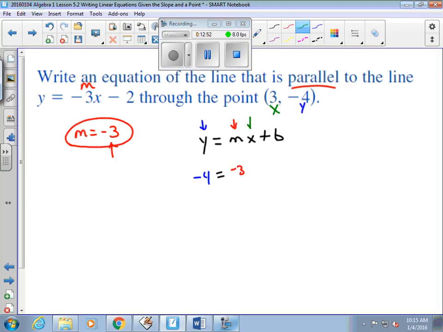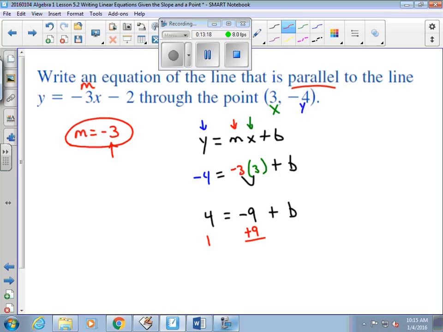So in place of x, we're plugging in 3. And then b is the one value we don't have. So negative 4 equals negative 3 times 3 plus b. Multiply negative 3 and 3 and get negative 4 equals negative 9 plus b. Then undo the fact that it says negative 9 by adding 9 to both sides.